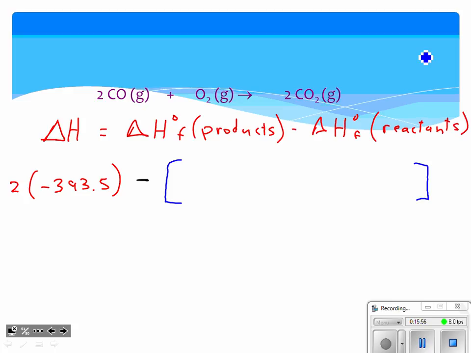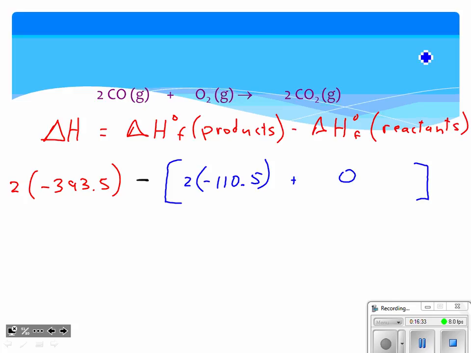Negative 110.5. How many of those do we have? Two of them. So I'm going to put that in the parentheses, multiply it by 2. To that, I am going to add the enthalpy of oxygen. I go to my second page, I believe it is. The enthalpy of oxygen as a gas is 0.